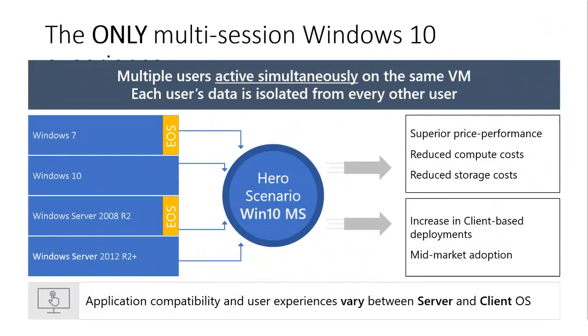Now, also note on a side note to all of these, Windows Virtual Desktop is the only multi-session Windows 10 environment that you can get in multi-cloud or in on-premises. If you're on-premises and you want to run Windows 10, you can, but it's exclusive or it's full VDI mode, right?